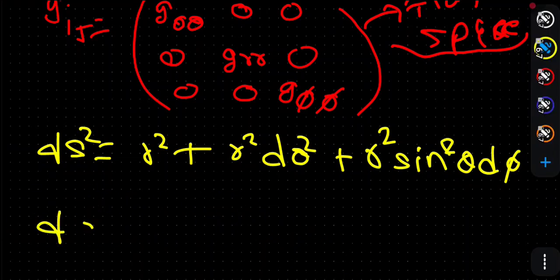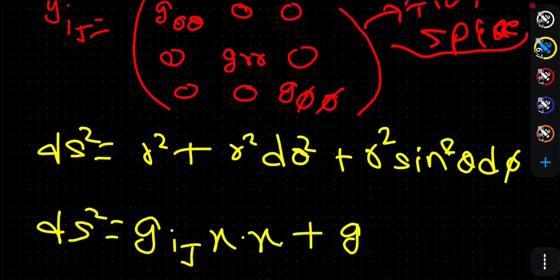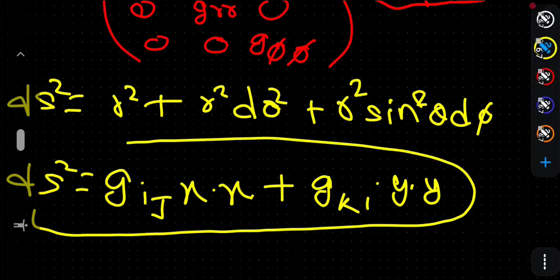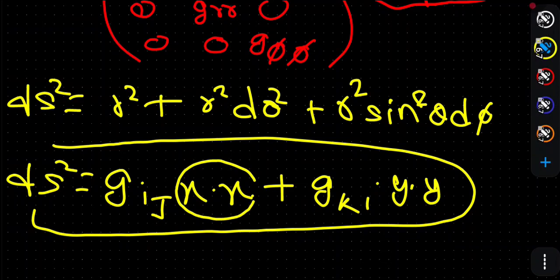Let me choose: ds square can be written as g_ij x dot x plus g_ki y dot y, and this is how there is a relation between the metric tensor and the distance between the two points. Besides every one of these squares, there is a metric tensor.